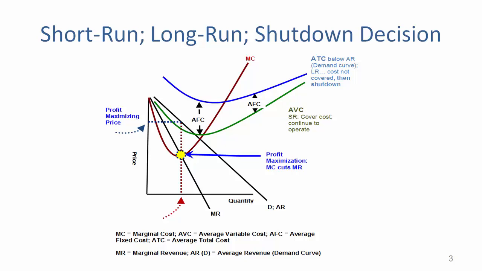What's important to note here is the distinction between the short run and the long run. Simply put, the short run focuses on covering your variable cost with at least some of your fixed costs, if at all possible. The long run, meanwhile, depends on covering all cost, average total cost, that is.